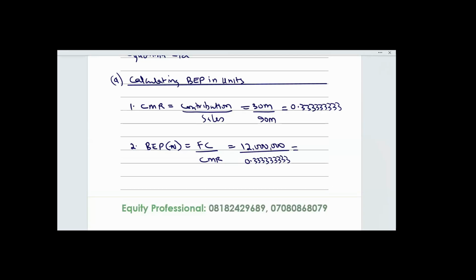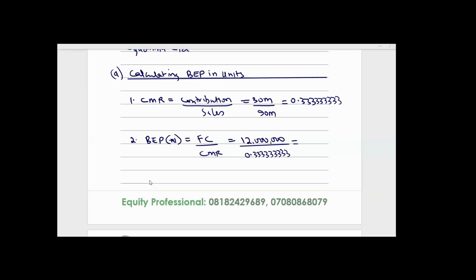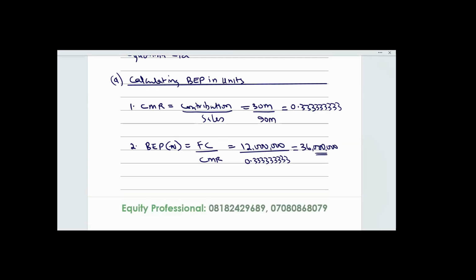From your calculator, that will give us 36 million naira. So the break-even point in naira for the company as a whole is 36 million naira.